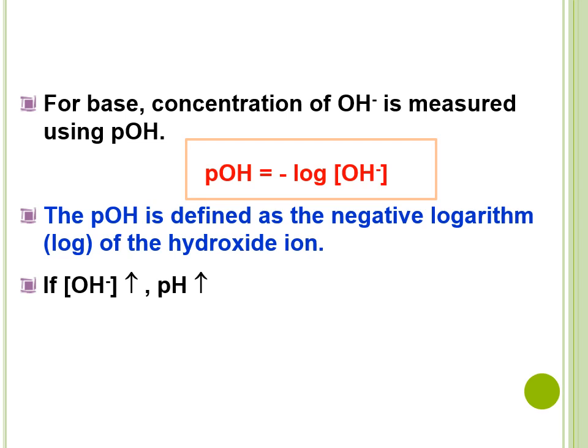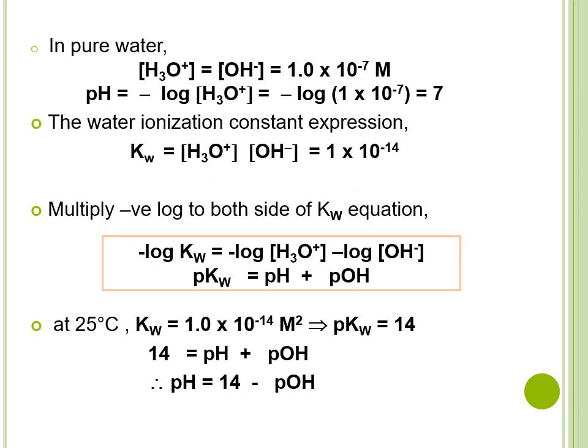The higher the concentration of OH-, the higher is the pH value. In pure water, the concentration of hydroxonium ion is equal to the concentration of hydroxide ion, which is 1 times 10 to the power of negative 7 molar. So if we calculate the pH, negative log 10 to the power of negative 7, it is equal to 7. The pH of pure water is 7.